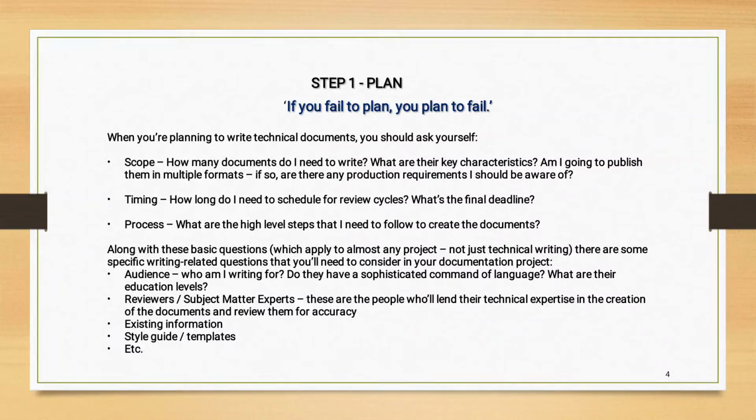And along with these basic questions, there are some specific writing related questions that you need to have an answer about, that is your audience, your reviewers, your existing information, style guide, templates, etc. So all that I said now is related to the planning process. This step is very much important.